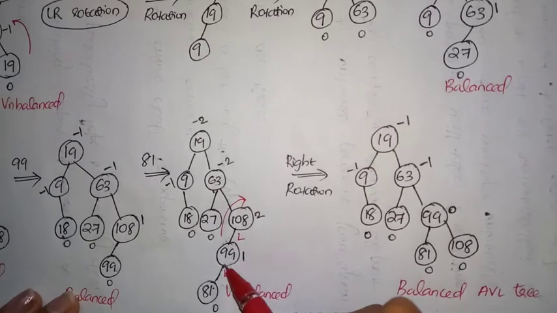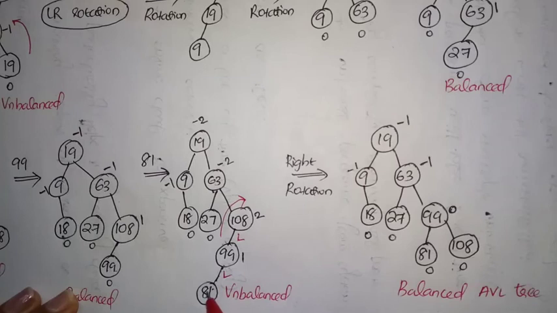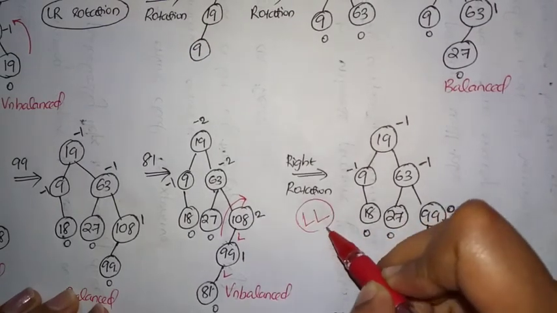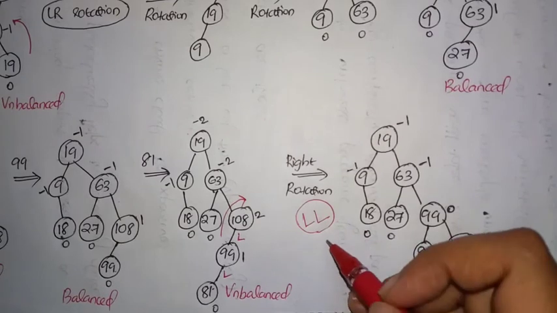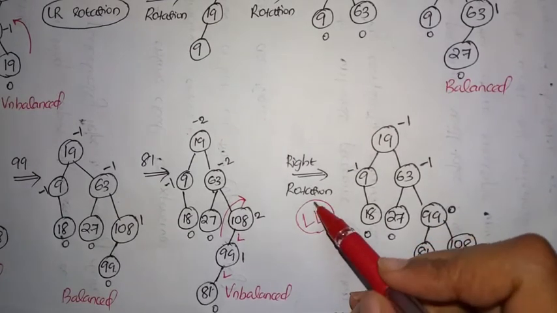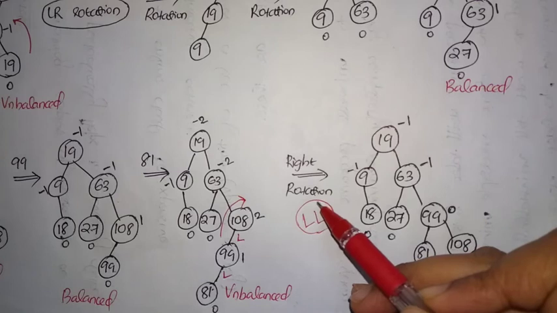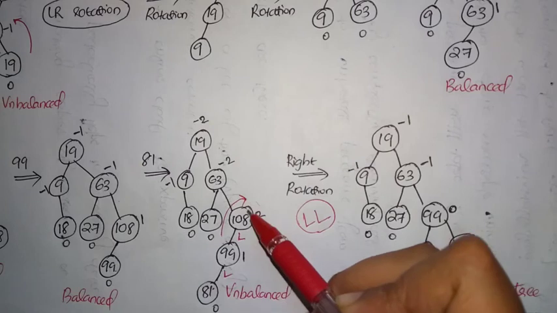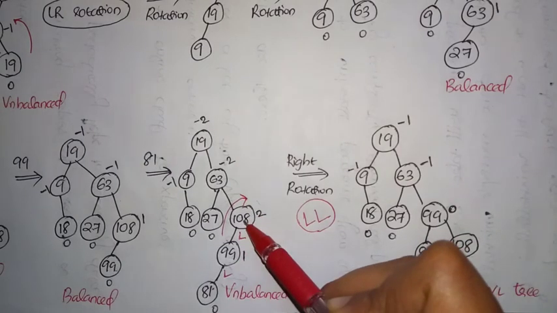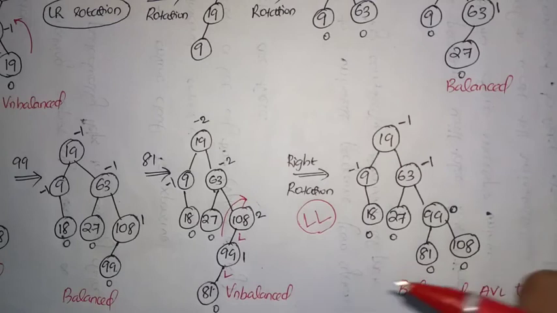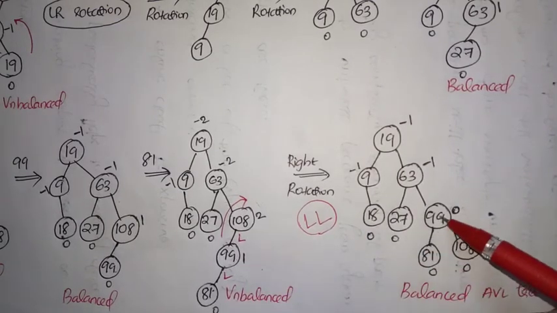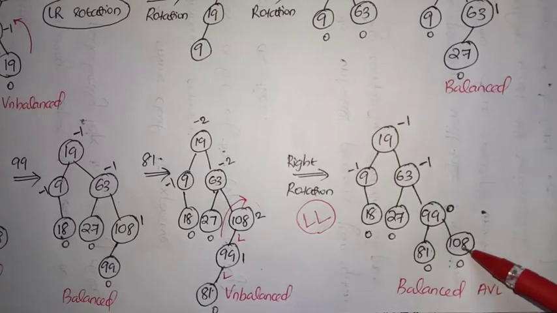The imbalance occurs when we insert an element into the left side of the left child, so the LL condition occurs. In the LL condition, the rotation that we need to perform is right rotation, which is in the clockwise direction. So we perform a right rotation here. 99 moves upward and 108 comes downward, so 99 comes in place of 108 and 108 moves downward.